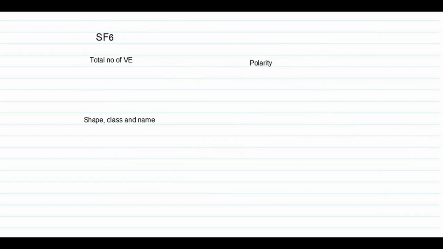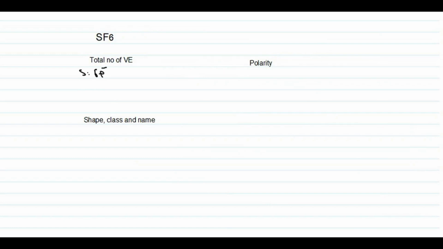Okay, let's say we have a molecule of SF6. First, in order for us to draw the orbital overlap of the hybrid orbitals, we need to draw the most plausible Lewis structure as we have seen in chapter 4.2. Now, let's do the Lewis structure first. Sulfur has 6 valence electrons.